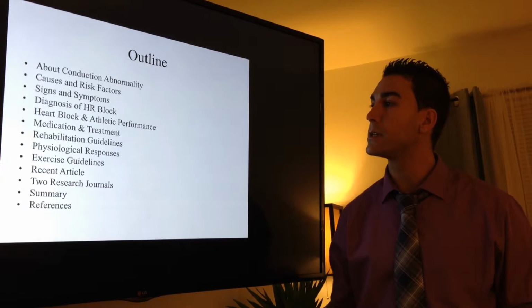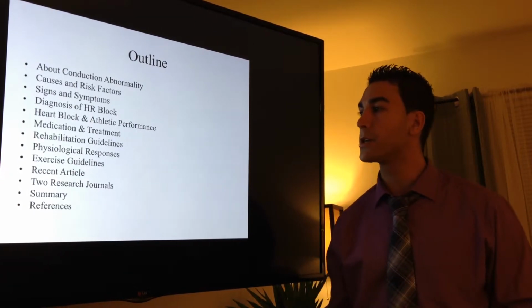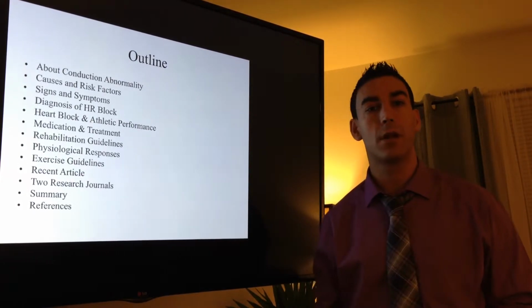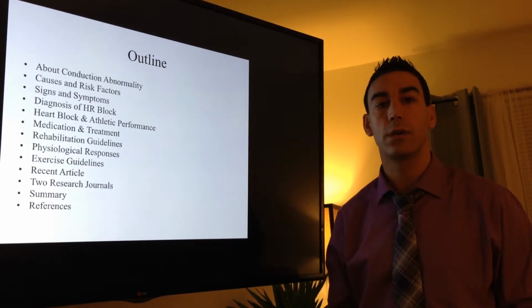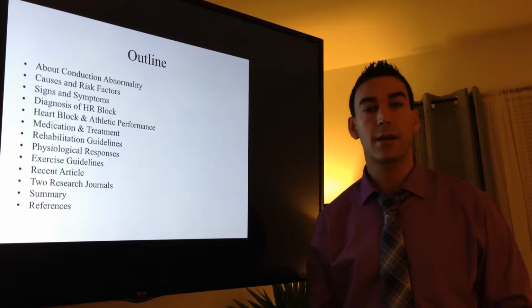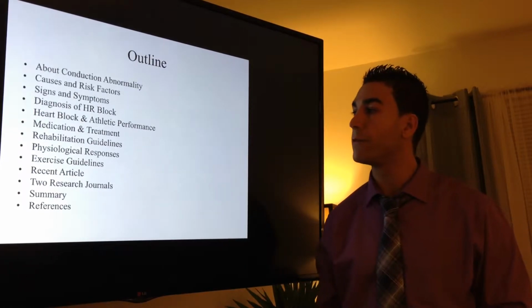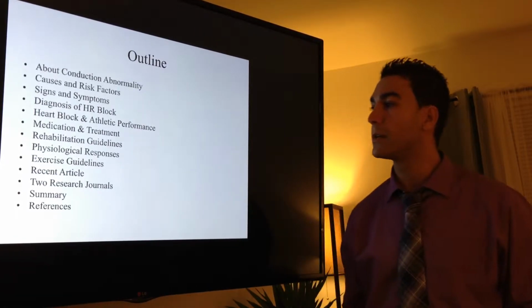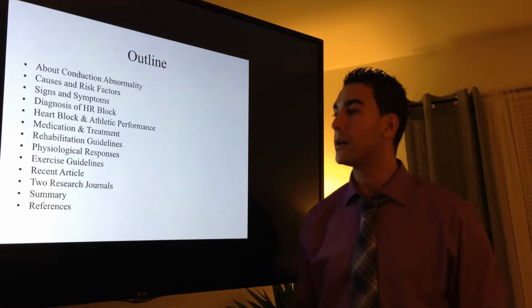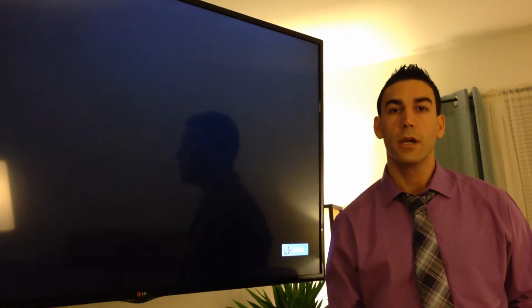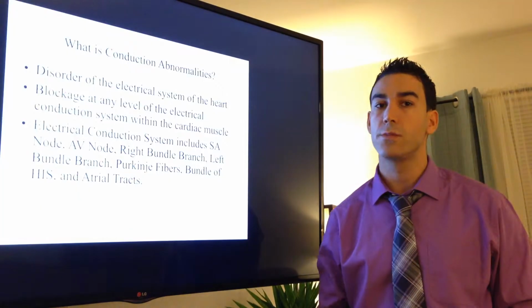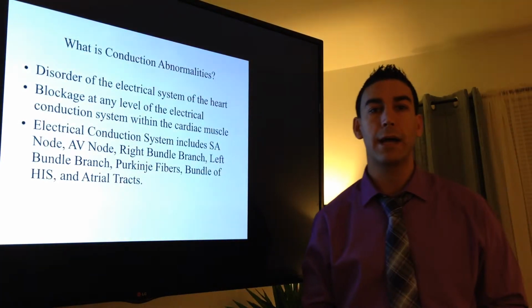Medication and treatment for this disorder, rehabilitation guidelines, physiological responses as it happens when this disorder takes place, exercise guidelines which are important for recovery. We're going to look at the recent article and also 2 research journals and a little bit of summary and then citation.